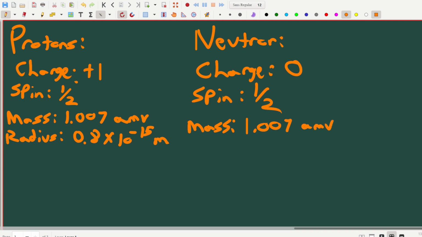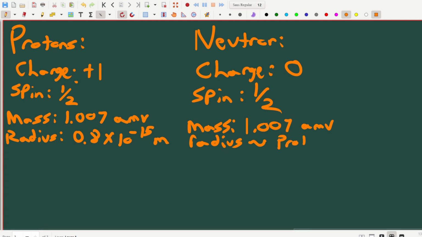As we'll see, they're basically made out of the same stuff. And the radius is about the same. So the proton and the neutron really aren't that much different in terms of size. The only difference is one's charged and one's not, and that makes a big difference. We'll see in a second. Protons and neutrons couldn't be any different from each other, despite the fact that they have very similar properties except for their charge.